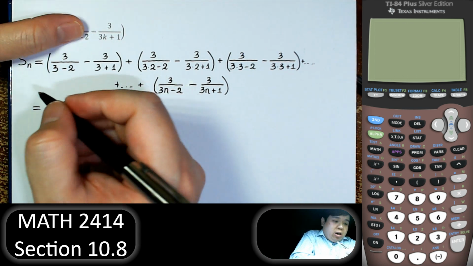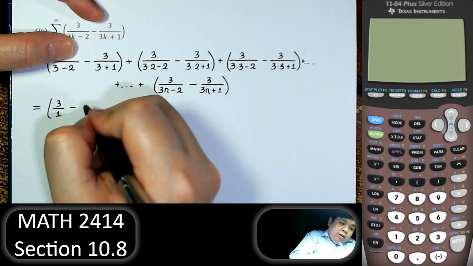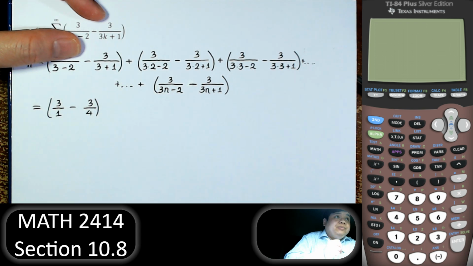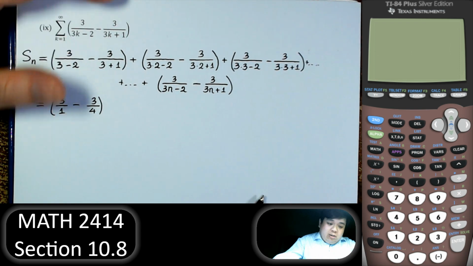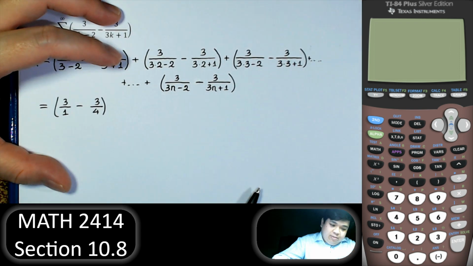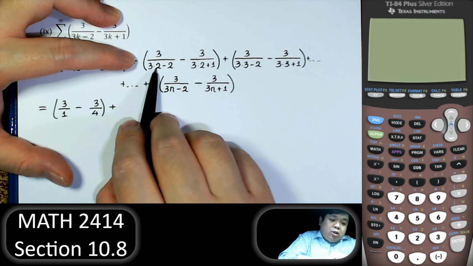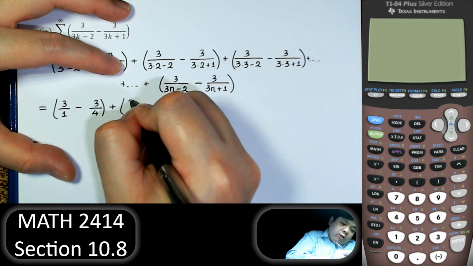3 minus 2 is 1, so we have 3 over 1 minus 3 over 4. Right. We don't even need the parentheses here, right? That's fine. And then 3 times 2, 6 minus 2, so 3 over 4.